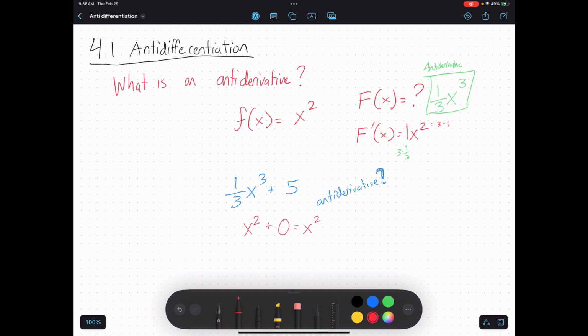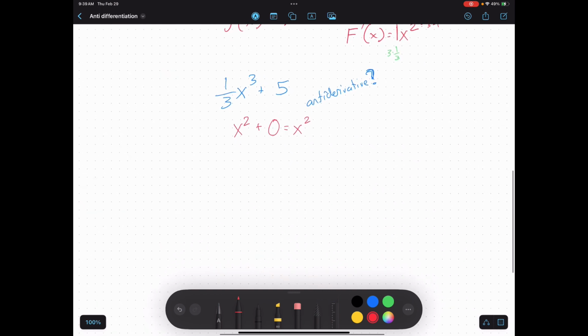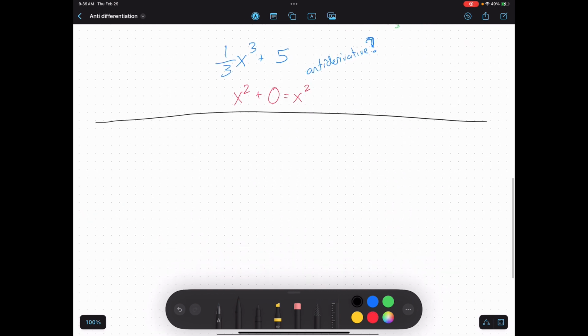So with antiderivatives, it turns out that there's an infinite number of antiderivatives because I can add just a different constant to it, and it still counts as an antiderivative. So if I were to give you a formal definition here of what an antiderivative is, the antiderivative of a function f of x is the set of functions.